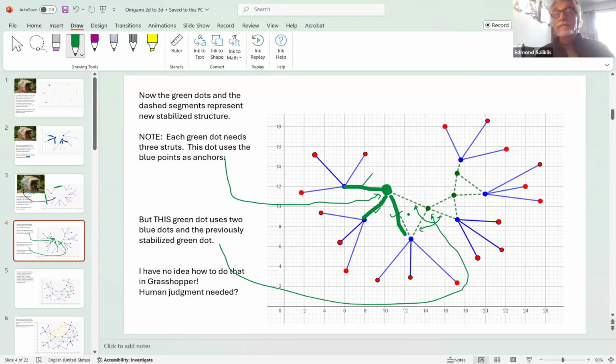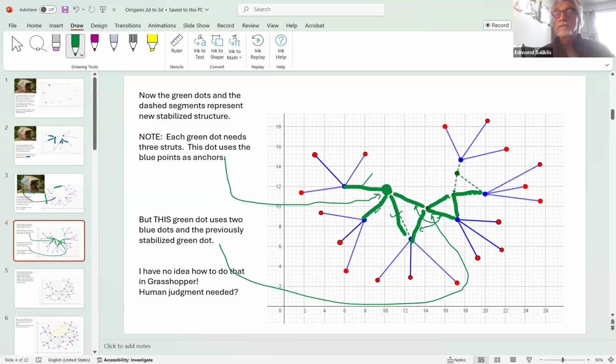This one is stable now, so the next one can use it. Stable, stable, stable. That's the rule. Three struts must touch previously stabilized nodes. They could be on the ground, they could be in the air. It doesn't matter. Next one, stable, stable, stable.